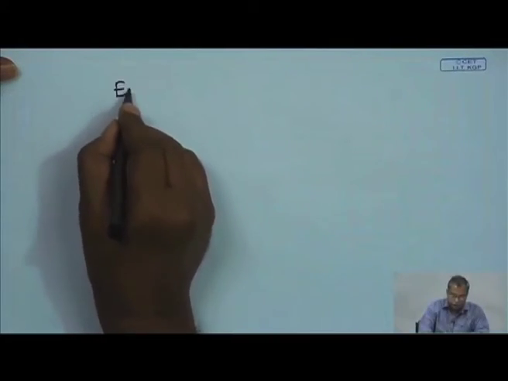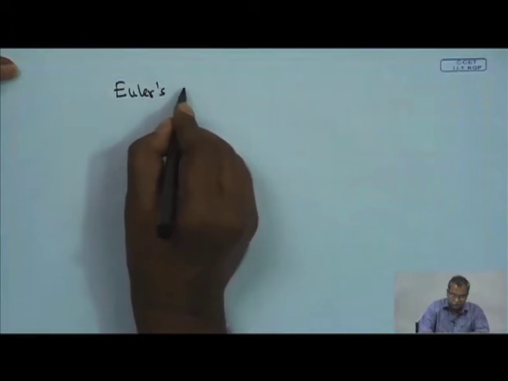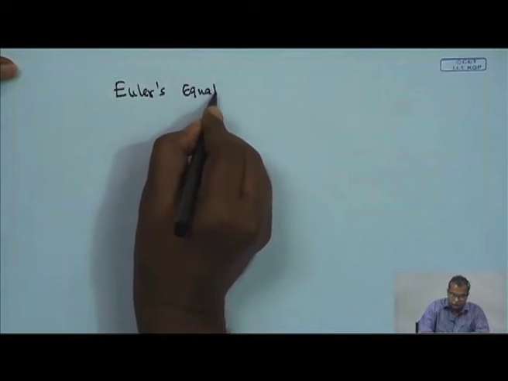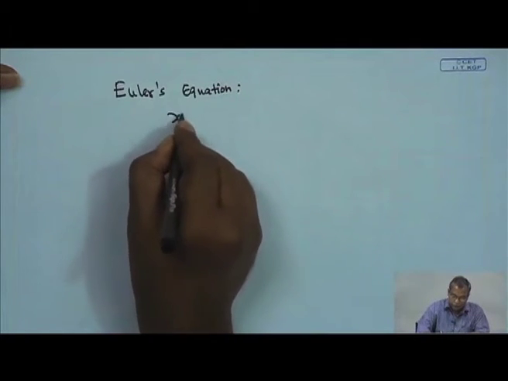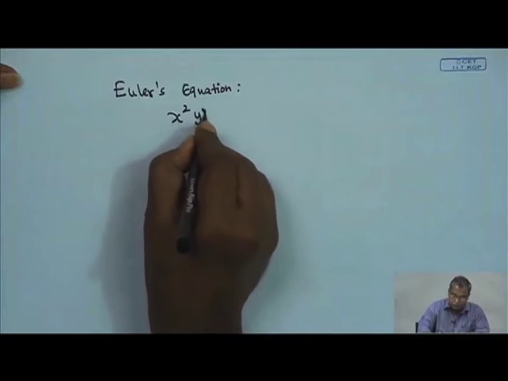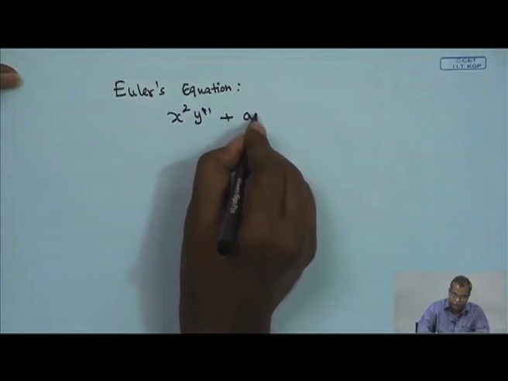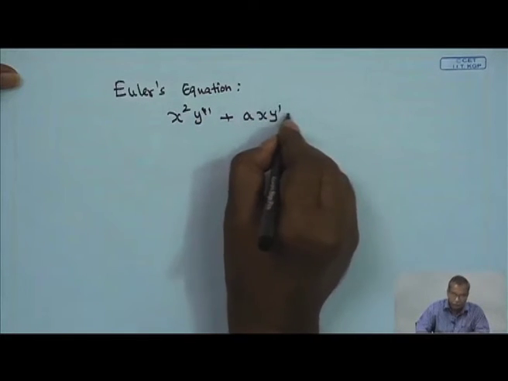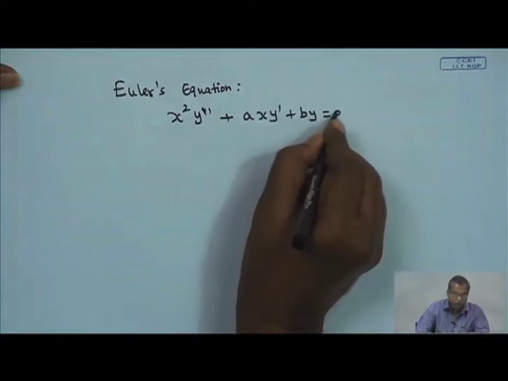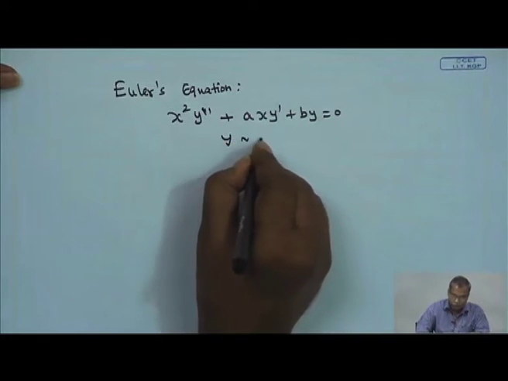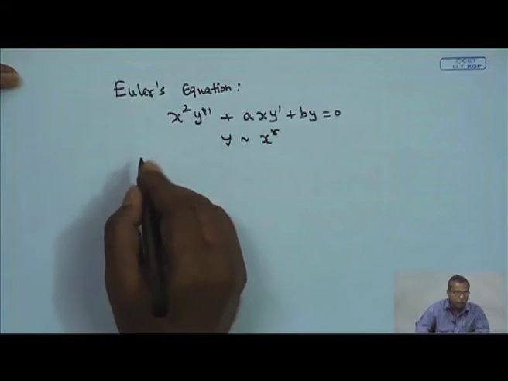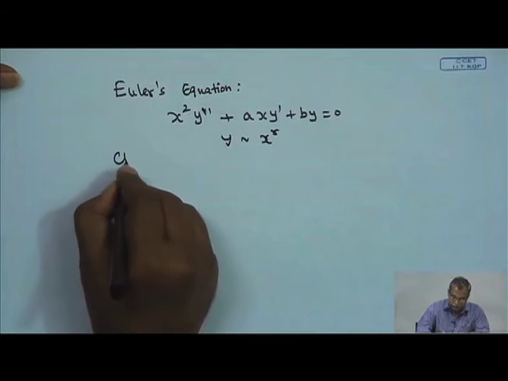The final special function that we will be talking about is Euler's equation. In some of the mathematical problems, you will be encountering this type of equation. If you have an equation in the form x square y double prime plus a x y prime plus b y equal to 0, then the solution will be in the form of y of the order of x to the power r, and you will be having a characteristic equation.